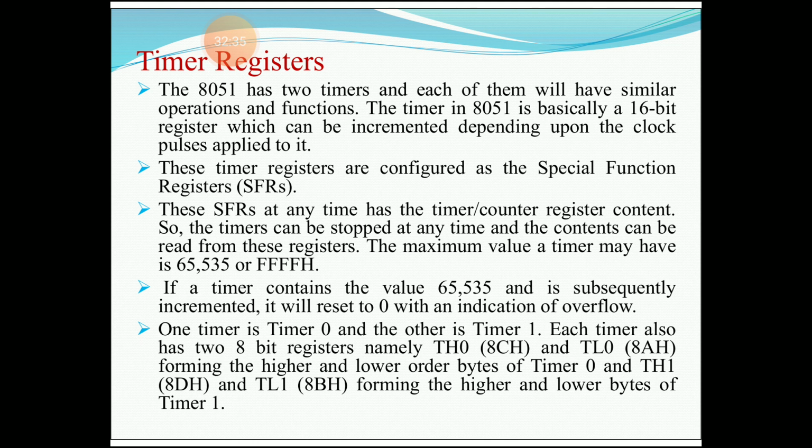One timer is called timer 0 and the other timer is called timer 1. Each timer also has two 8-bit timer registers, namely TH0 and TL0 belonging to timer 0, and TH1 and TL1 belonging to timer 1.